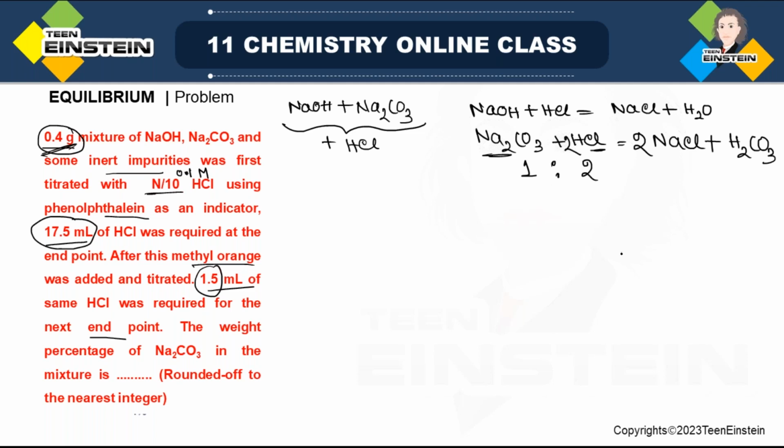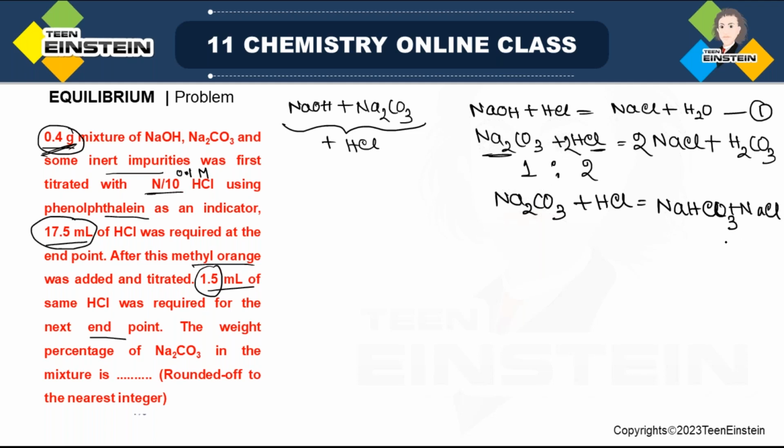So after the first titration, what reaction will take place? In the first reaction, basically Na2CO3 reacts with HCl to give NaHCO3 and NaCl.